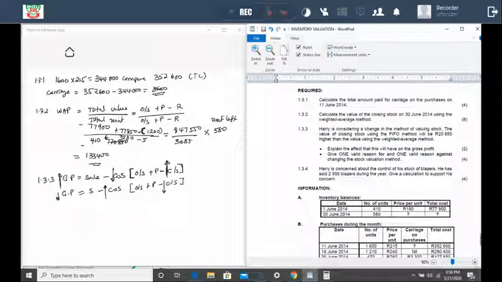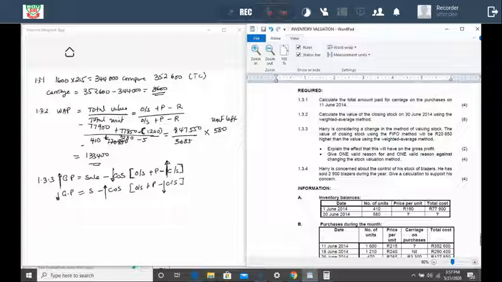Now, one reason for changing: they might decide to change because FIFO is a suitable, accurate and realistic method for valuing stock of blazers because the value changes over time. And blazers are also discrete units where the cost is easily identified.